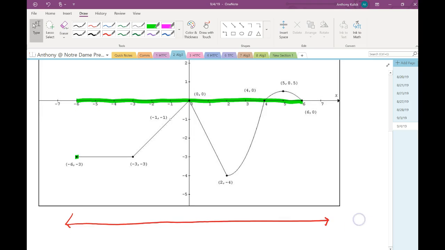So on that x-axis, I'm just going to record the points that are relevant to my graph, and only the x-coordinates, because we're talking about the x-axis. So -6, then -3, -1, 0, 2, 4, 5, and then 6. Everybody okay with that?